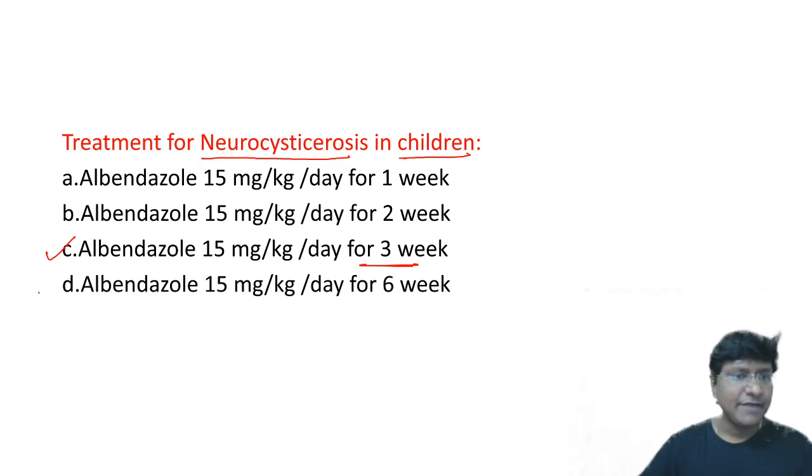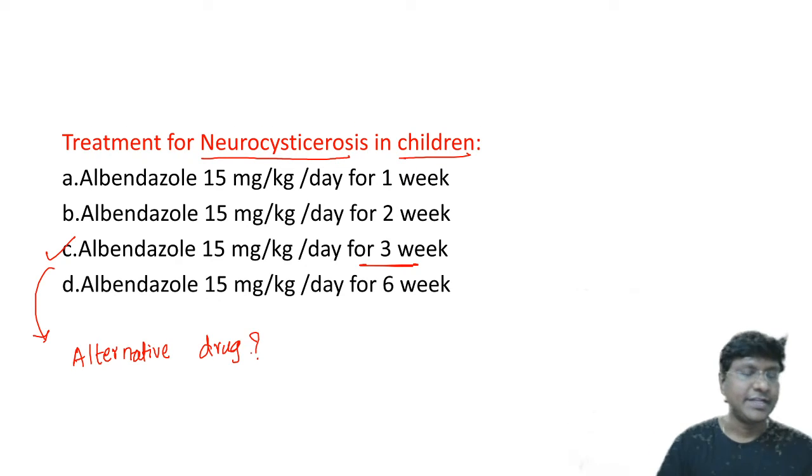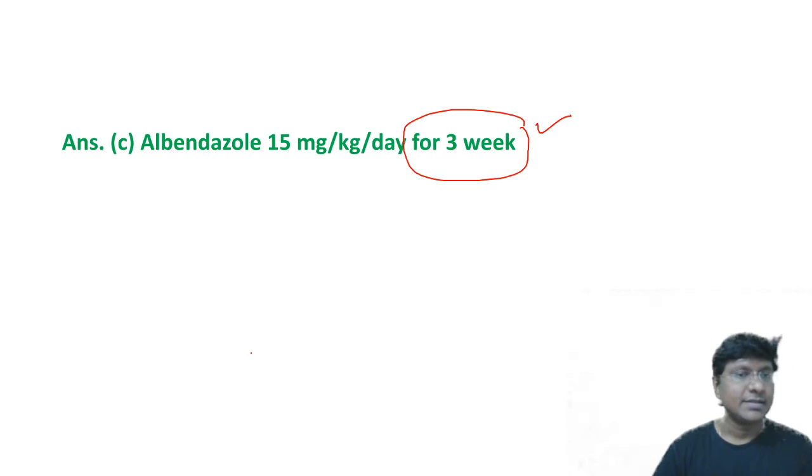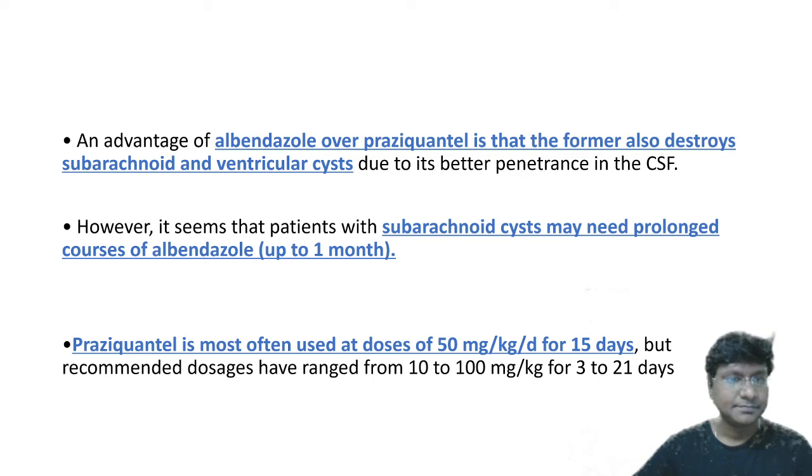Now, apart from albendazole, what is the other alternative drug for the treatment of neurocysticercosis? No, not ivermectin. Yes, praziquantel. The other alternative drug is praziquantel.